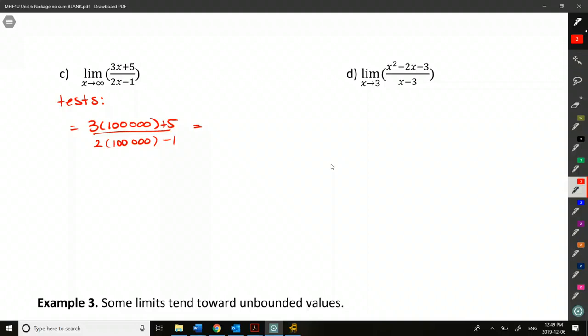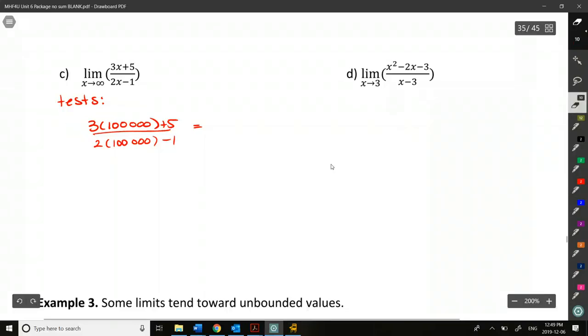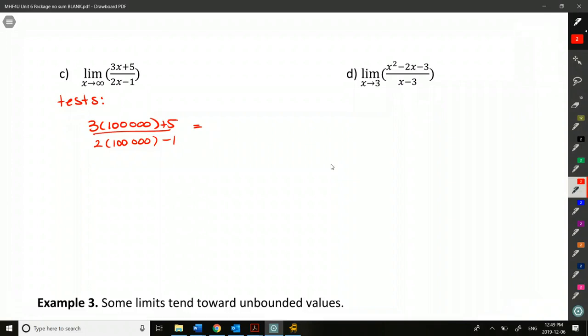Okay, so let's plug this into our calculator. What do we get here? Give me a good number of decimals.